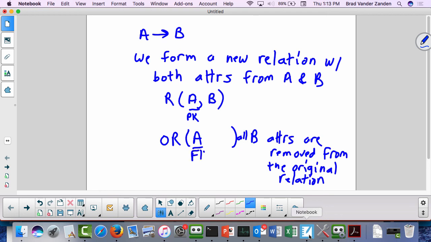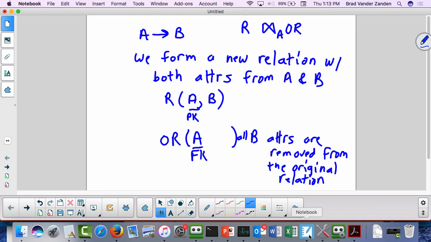In the original relation, A becomes a foreign key, and A is what allows us to have a lossless join. So if we join R with the original relation, we can join on the attributes in A, and now we get back the complete original relation. So A is the key.